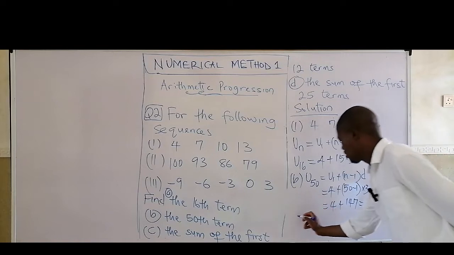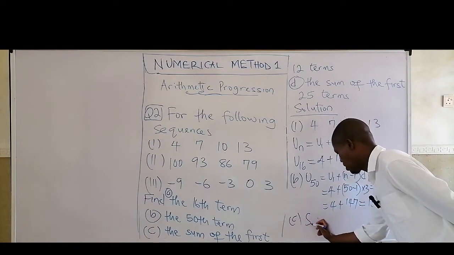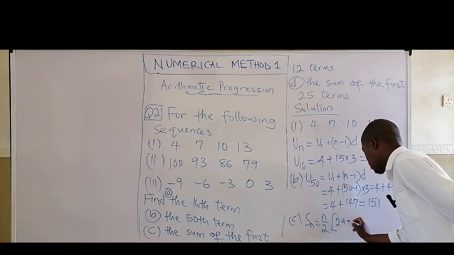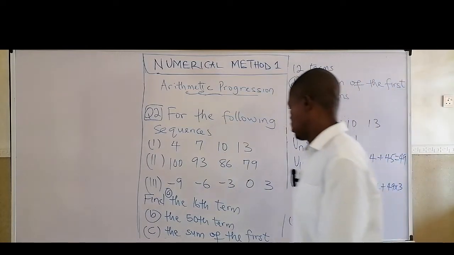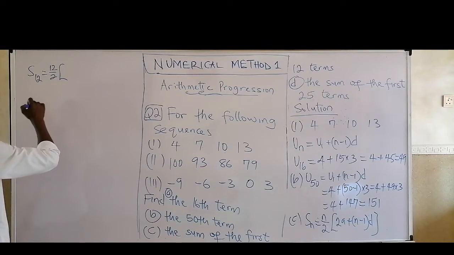Then the C part: the sum of the first 12 terms. There's a formula for the sum: n over 2 in brackets 2a plus n minus 1 in brackets d. For the 12 terms, n is 12. So the sum of the first 12 terms equals 12 over 2 in brackets 2 times a.